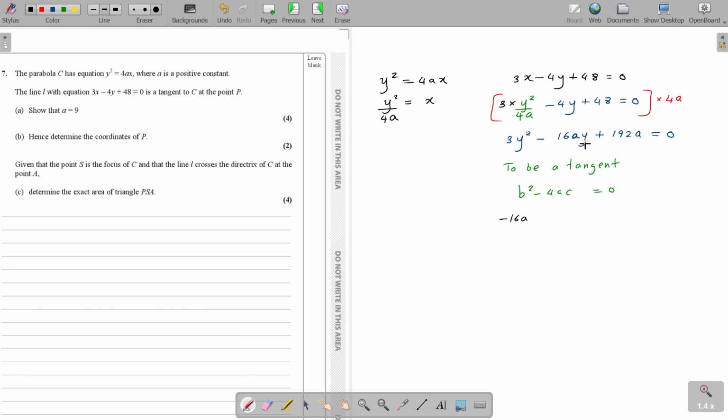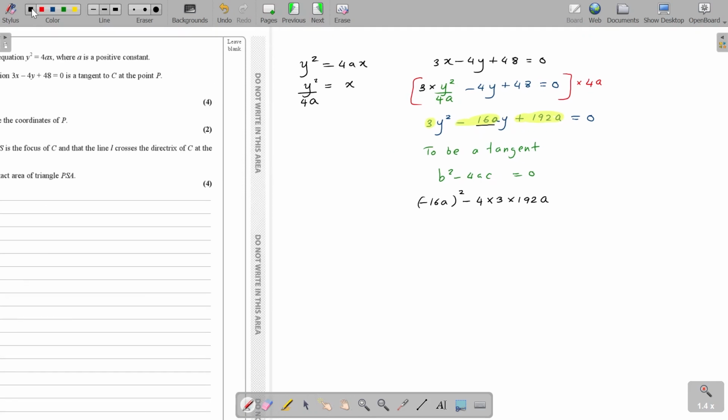B square minus 4 into a, the y square coefficient, which is 3, into c, the coefficient without y, which is 192a. Can you see the ABC coefficients? So a is the 3, b is the minus 16a, c is the 192a. This is ABC. Okay, so solve this equation equal to 0 and get the a value.